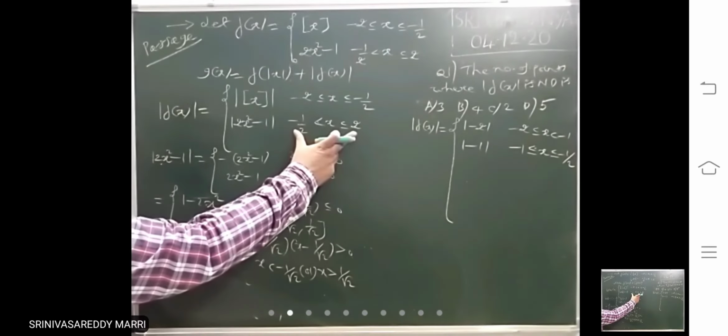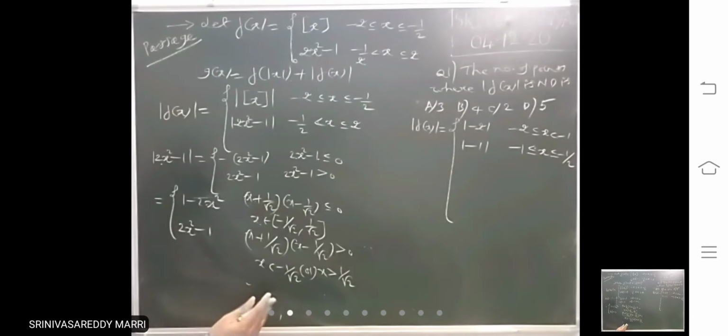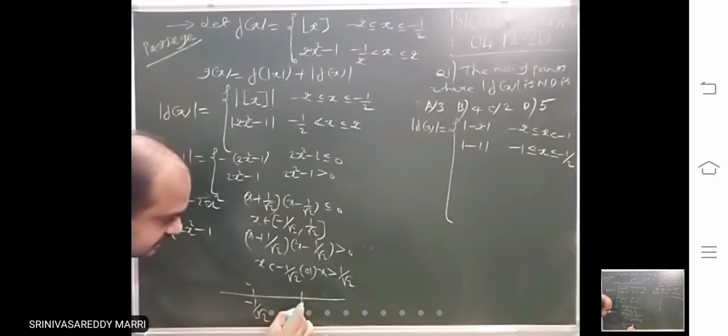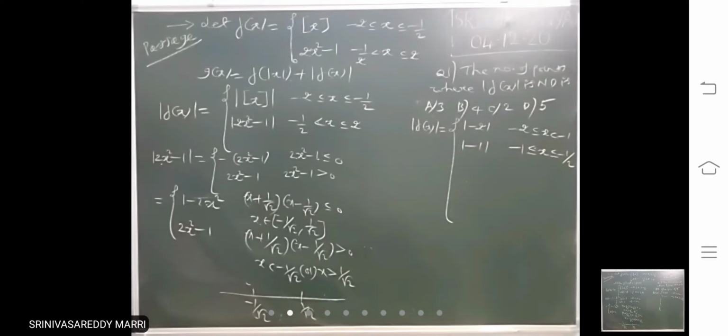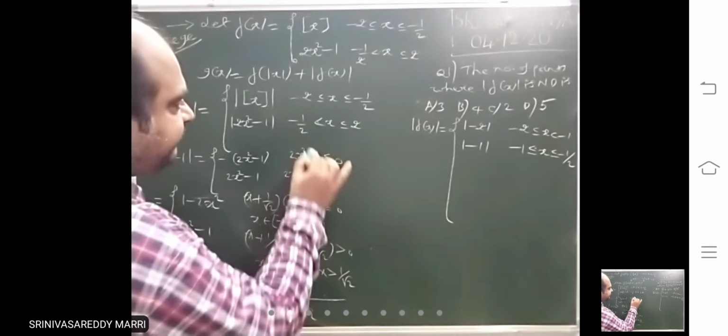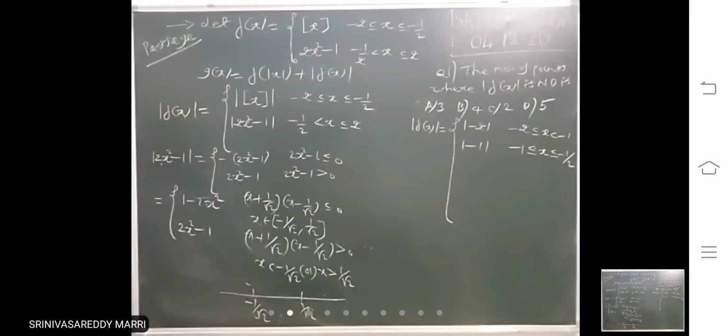Then look at minus 1 by 2 to 2, how to define? Minus 1 by root 2 is here and 1 by root 2 is here. So we want the definition from minus 1 by 2 to 2. Minus 1 by 2 will be greater than minus 1 by root 2, so it lies between minus 1 by root 2 and 1 by root 2.